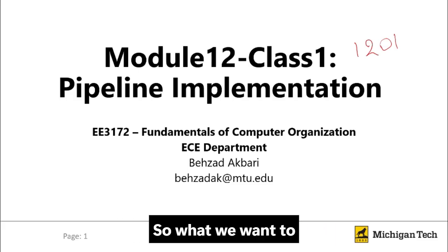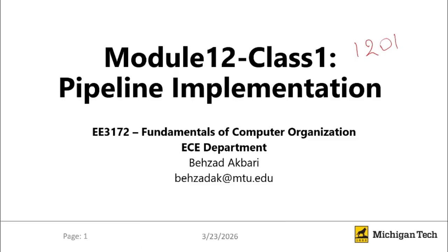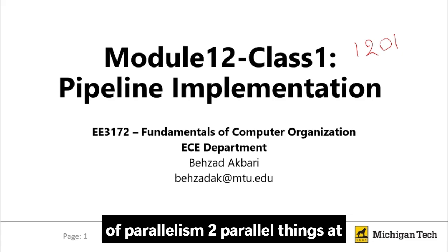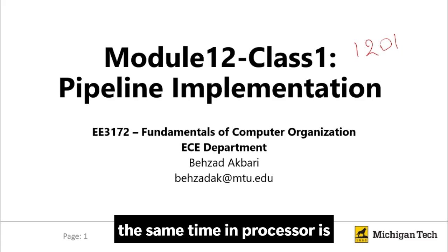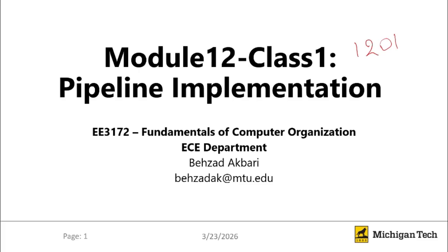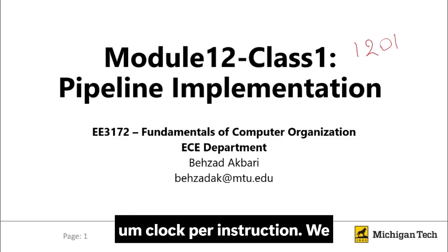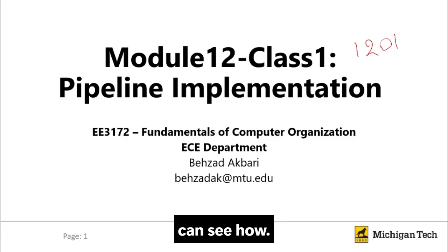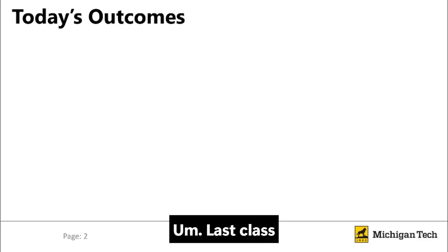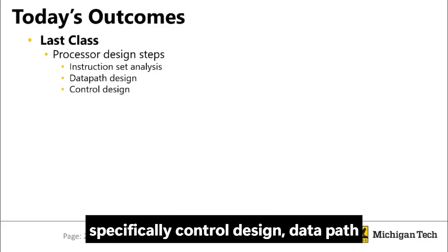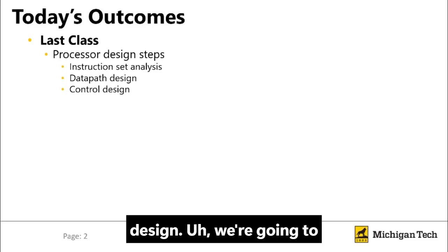So what we want to do this week, we are going to try to talk about pipelining. One method of parallelism, doing parallel things at the same time in a processor, is pipelining. It is the method to decrease clock per instruction. We can see how. Last class, we talked about processor design, specifically control design and data path design.